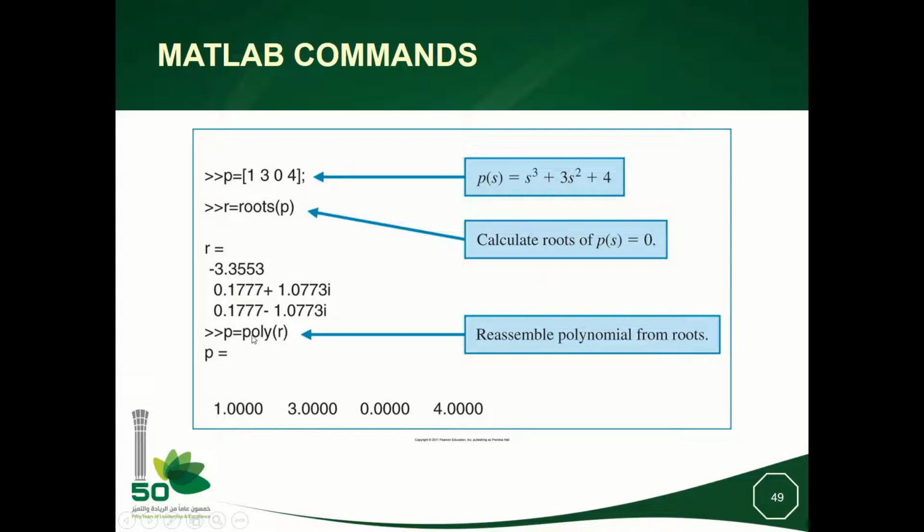It means give me the polynomial whose roots are given by r. And here you see that we have the same coefficients that we wrote in the beginning. So MATLAB is able to identify the polynomial from its roots. So we have 2 options. We can define a polynomial from its coefficients, or we can define a polynomial from its roots.